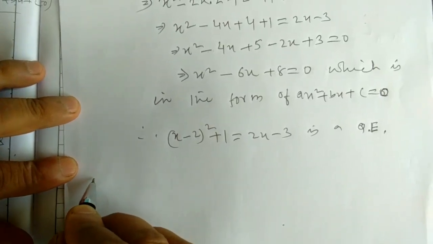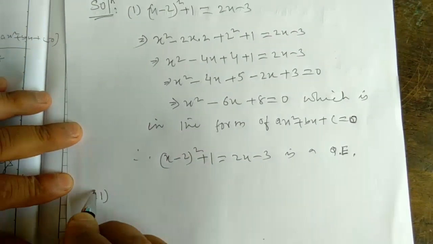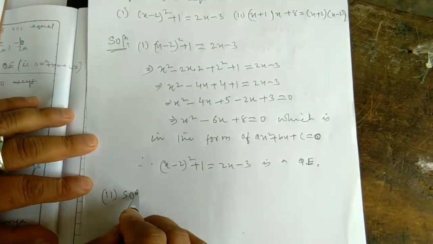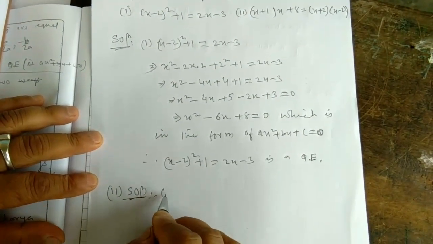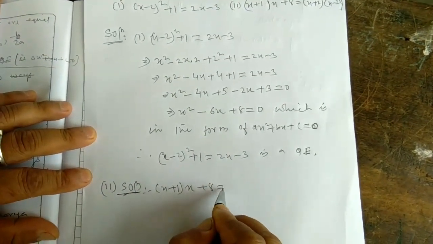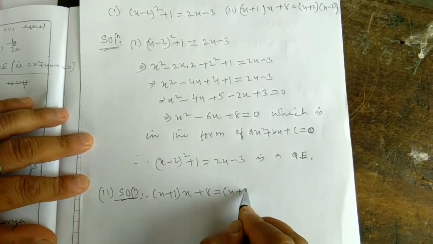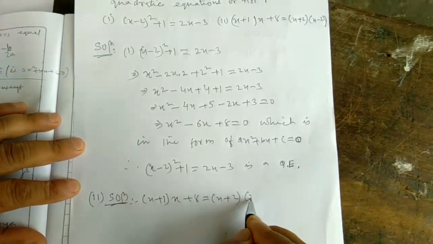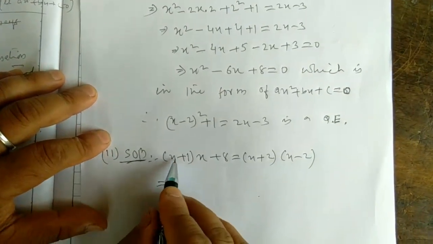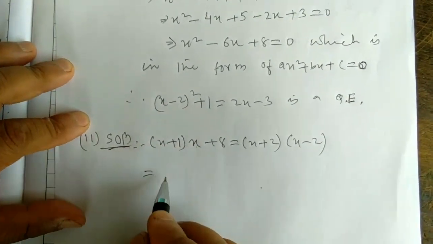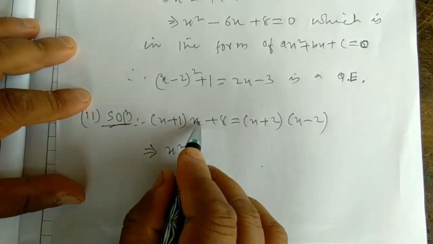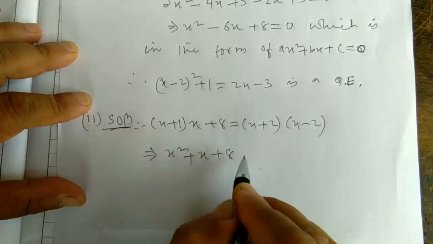Number 2, same as before. Solution number 2, (x plus 1) into (x plus 8) equal to (x plus 2) into (x minus 2). If we multiply this one first, (x plus 1) into (x plus 8).